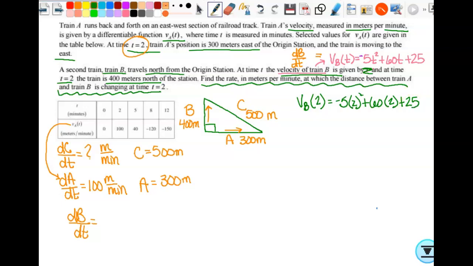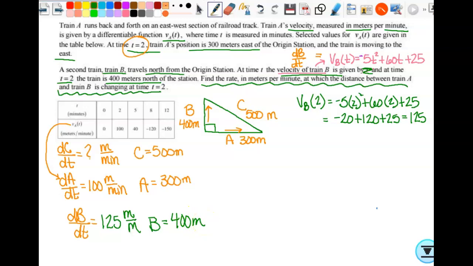This is the velocity. So basically, this is the derivative for B, right? They gave us the derivative for B. So this is equal to, 2 squared is 4 times negative 5 is negative 20, plus 120, plus 25, 125. Okay, so the velocity is 125 meters per minute for train B. And what is the distance B? 400 meters.